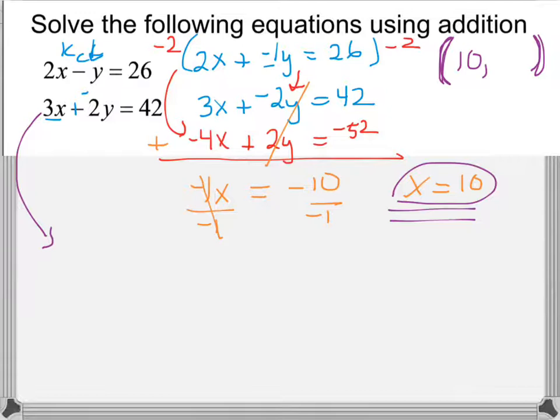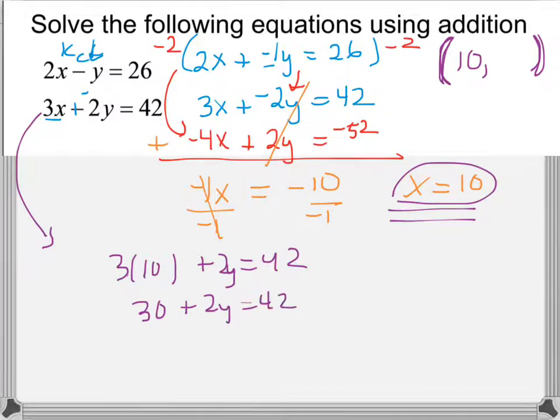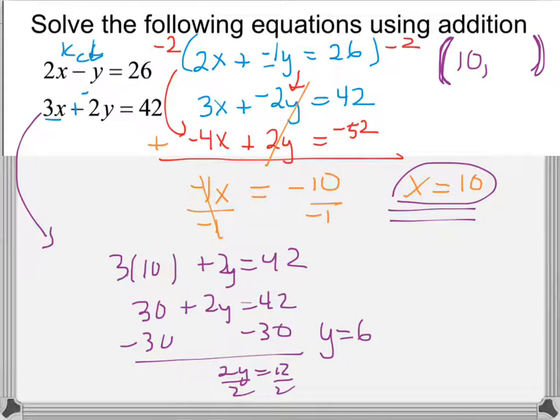So I'm going to take this top one and substitute 10 in for x, so 3 times 10 plus 2y equals 42. 30 plus 2y is equal to 42. 2y must be 12, so y must be 6. So 6 would be my y component, okay?